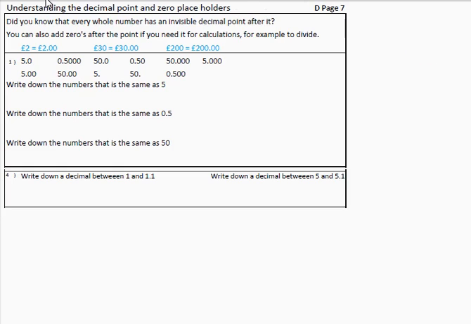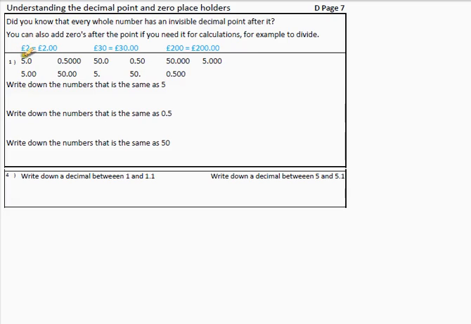Now, I've seen a lot of problems with this, really, with students who don't understand decimal numbers, which is why I've made these sheets specifically for those students to understand it better.